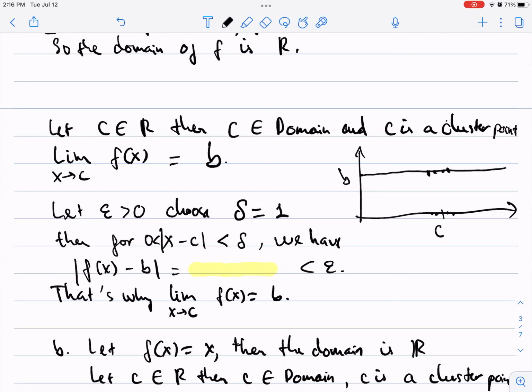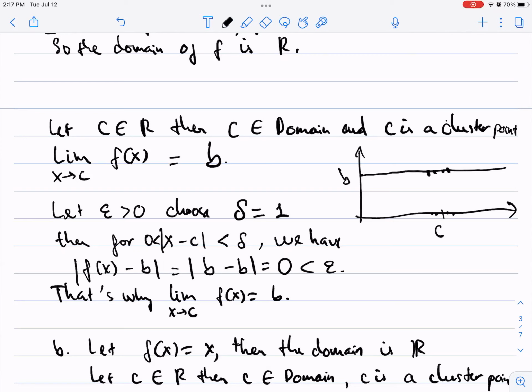Then for 0 smaller than the absolute value of x minus c smaller than delta, which is equal to 1, we have the absolute value of the difference f(x) minus b equal to the absolute value of b minus b, because f(x) is always equal to b, which is equal to 0. And this 0 is certainly smaller than epsilon. That's why the limit of f(x) when x approaches c is equal to b.